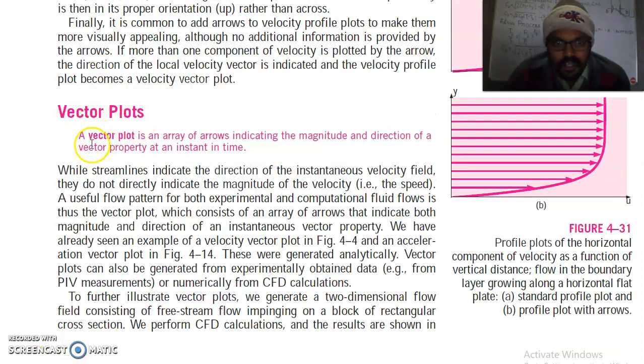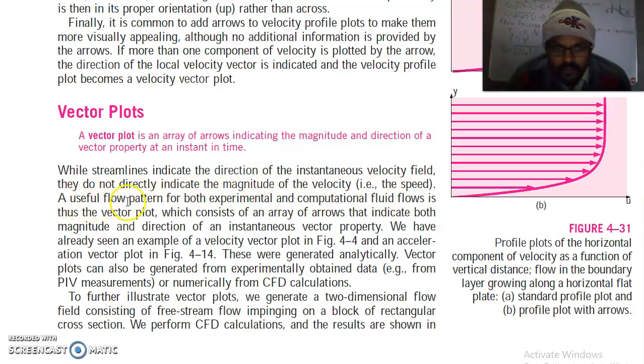Vector plots. A vector plot is an array of arrows indicating the magnitude and direction of a vector property at an instant in time, while streamlines indicate the direction of the instantaneous velocity field. They do not directly indicate the magnitude of the velocity, the speed.